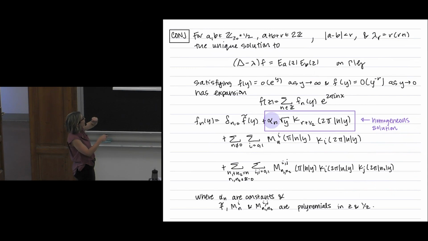These ones are over all n1 and n2 that sum to n, and so this is all n. Well, no, this is finite in terms of n, but you were summing over an infinite thing. Does that make sense?